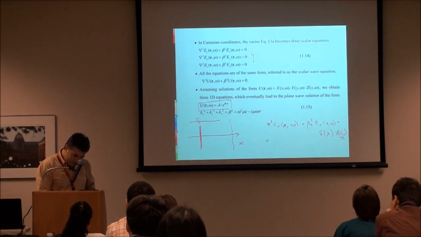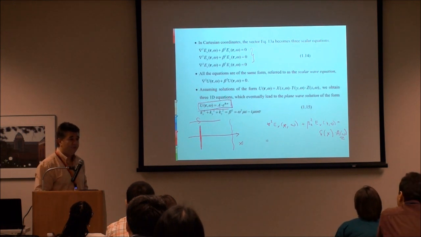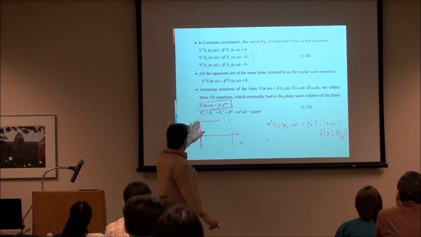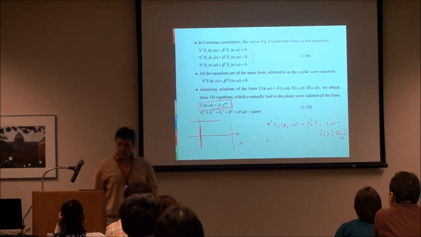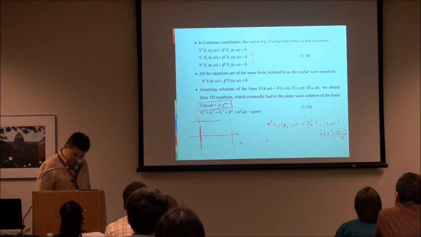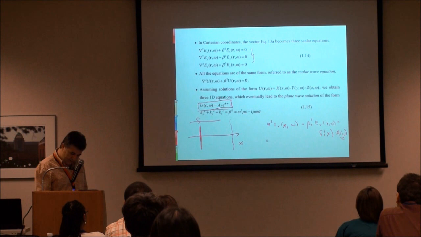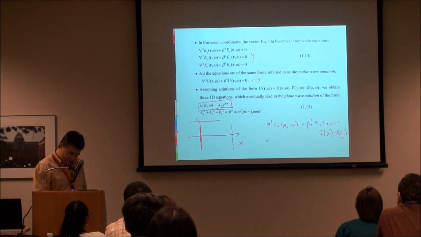Okay, so this is the one solution to the wave equation. One important thing to realize is that here, the Fourier transform of this simple equation gives you minus k squared plus beta squared equals 0.